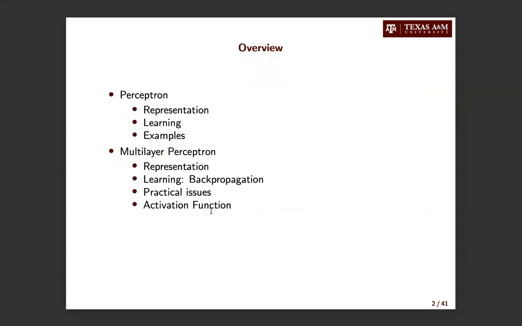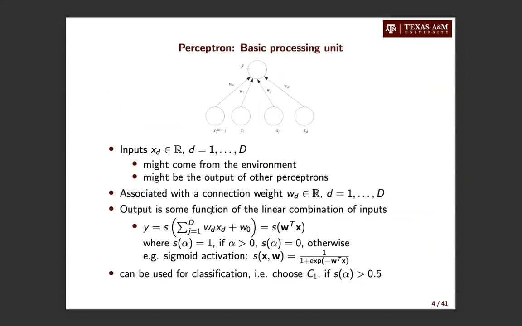So we will start with the basic unit of a neural network, which is called the perceptron. And the perceptron is represented in a very similar way to what we have seen as part of the logistic regression algorithm. So the perceptron takes as an input a set of d-dimensional features and multiplies each of these features with a certain weight plus a bias term, and then passes this linear combination of features through the sigmoid function or any other type of activation function.